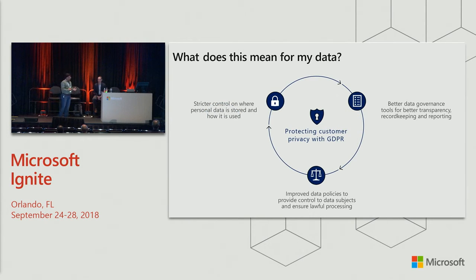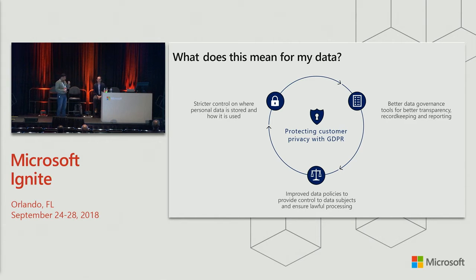What does this technically mean from an engineering perspective? First off, obviously, we had to redefine everything from policy to all our engineering practices. We had to build tooling. And that basically meant that our policies had to provide a lot more transparency in what data we had and what view we could provide our customers into that data.